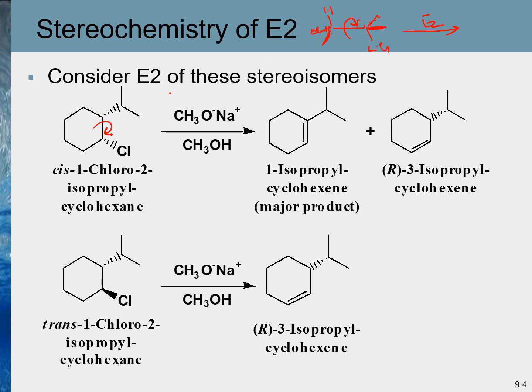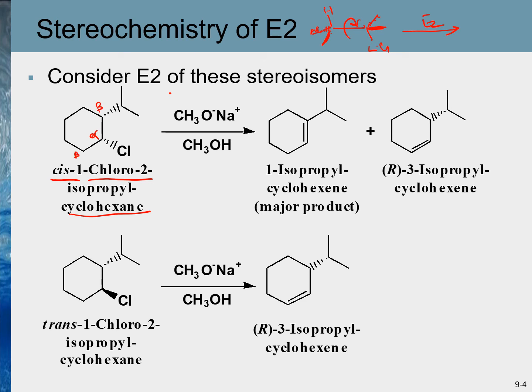products. For example, if we perform an elimination reaction on cis-1-chloro-2-isopropyl cyclohexane, this would be our alpha carbon, and this means that we have two options of beta carbon, either this one or this one.